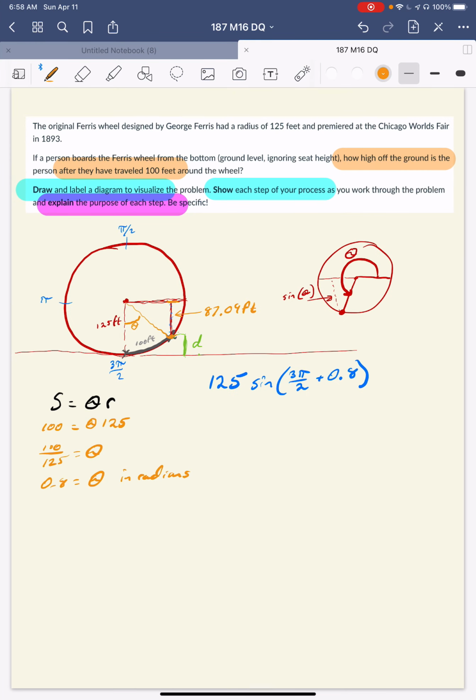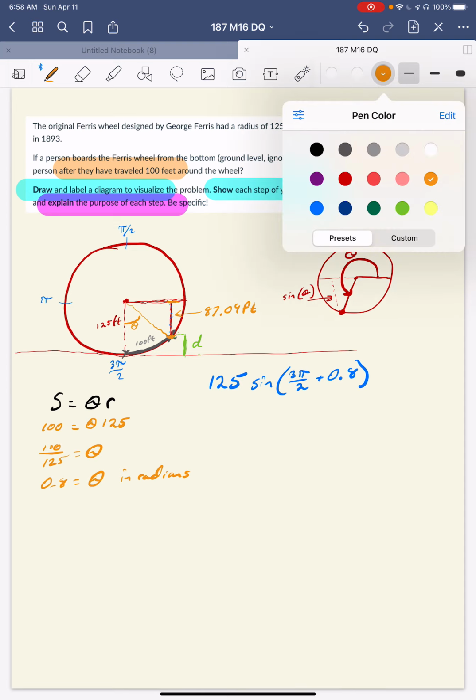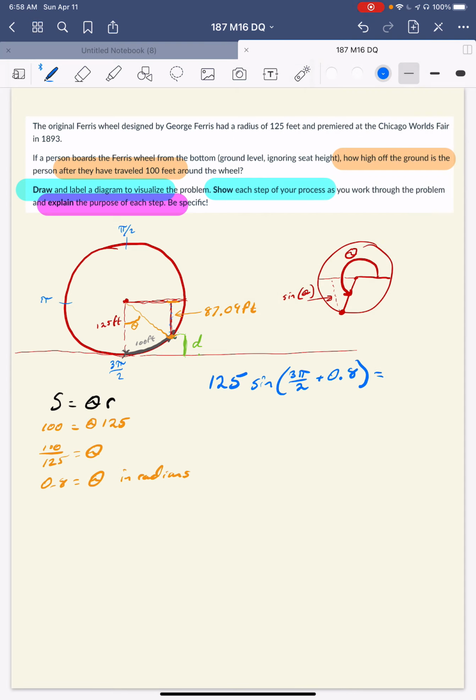Okay, so now we come back over here and we found out that this was the negative 87.09 feet. So we're pretty close to getting our final answer. This 87.09 feet right here is the distance down from the horizontal to where the person's sitting.